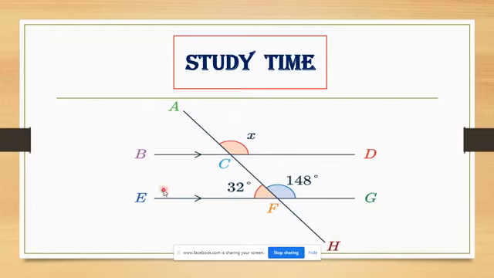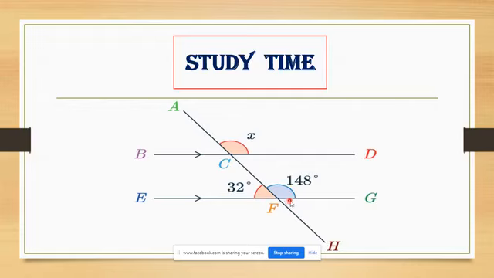Now, if you see, this is the angle, the measurement of the angle is 32 and the measurement of this supplementary angle is 180 degrees.